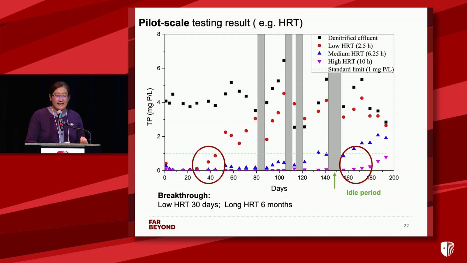When we apply a low HRT of 2.5 hours, the red squares indicate the breakthrough happens after 1 month of operation. But if you increase HRT to about 10 hours, the breakthrough would happen in about 6 months, which indicates HRT is a critical factor that will govern the overall system performance.